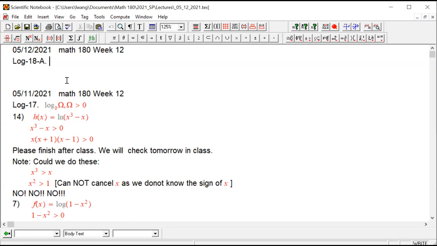Okay, this is a set of exercises on solving inequalities. We actually did an example the other day.